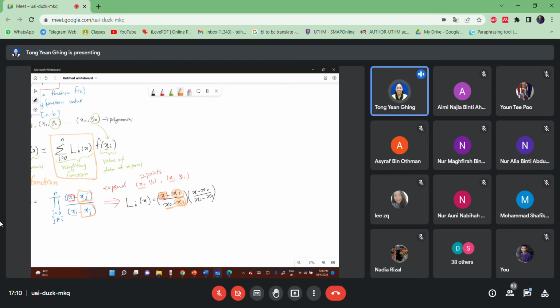And then the next, since just now we started from x0, because we have two x, one is x0, another one is x1. So the next, we have to multiply x minus x0 over x1 minus x0. Start with x1 this time: x1 minus the one beside itself, that means x0.